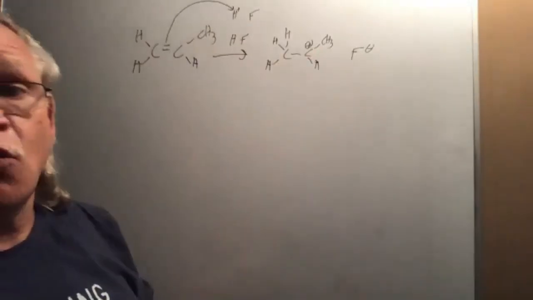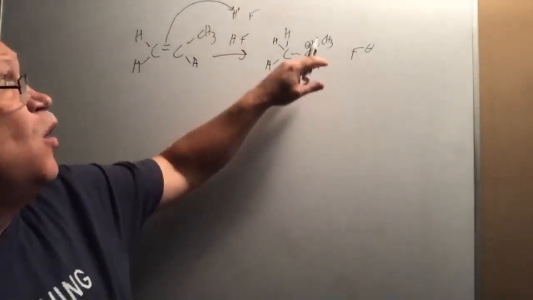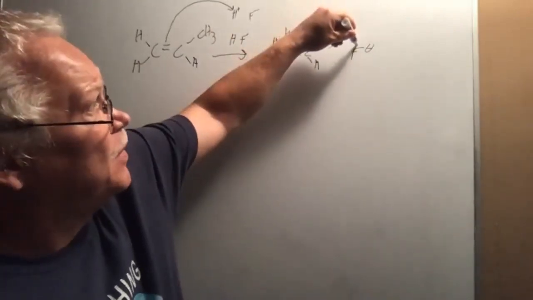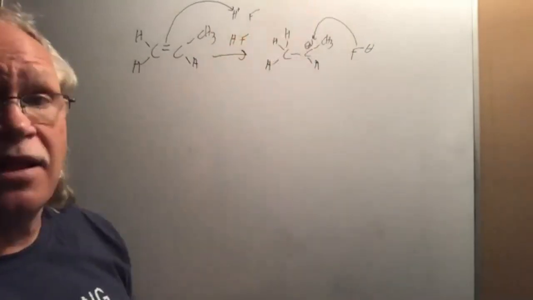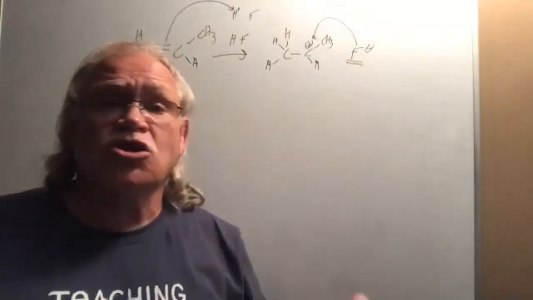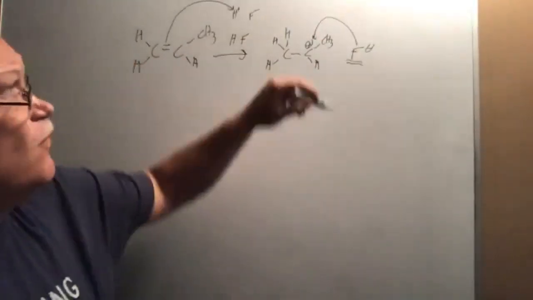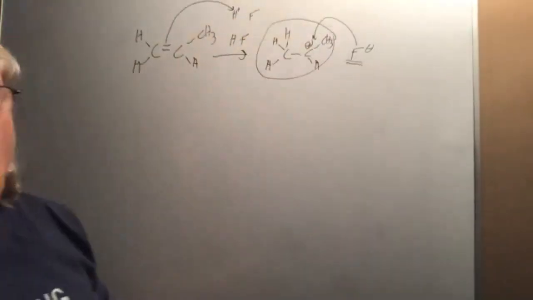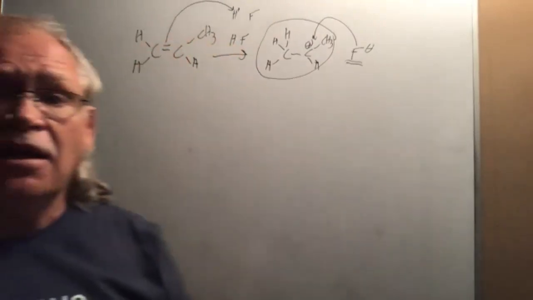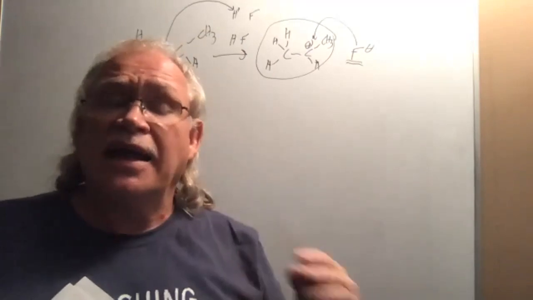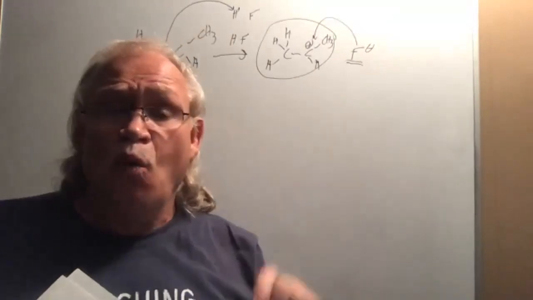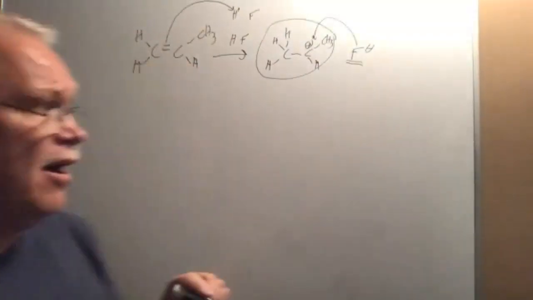So the same thing is going to happen as what happened in chapter 8: we get Markovnikov addition of the H. Normally, the halogen would come in and attack the carbon, but because fluoride is so electronegative, it does not want to do that. So you're left with a carbocation. The reaction of HF with an alkene forms a carbocation, and again, that carbocation is going to be my electrophile. This is just a second way of forming a carbocation.